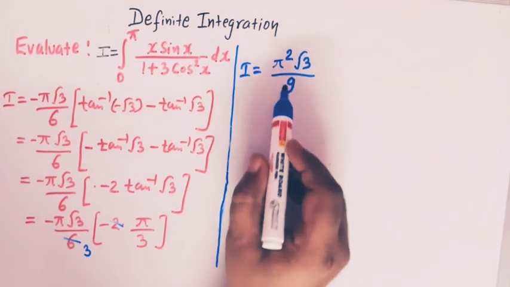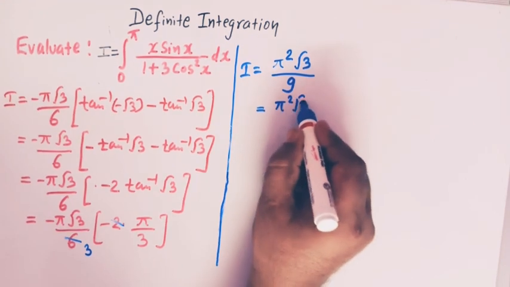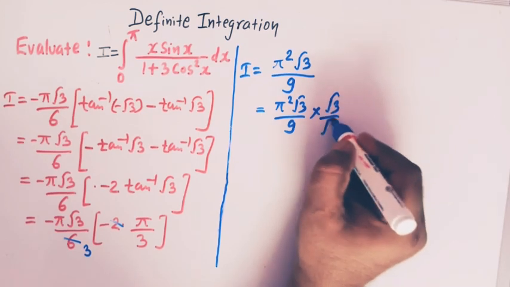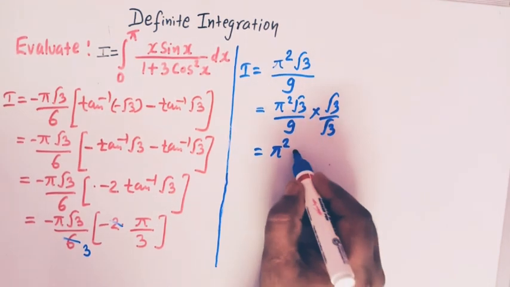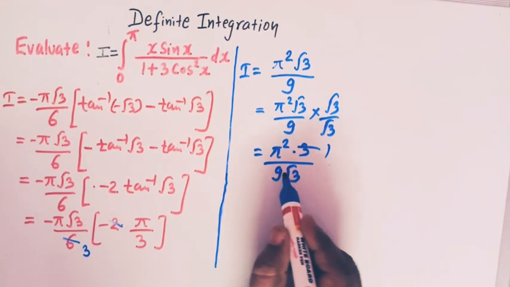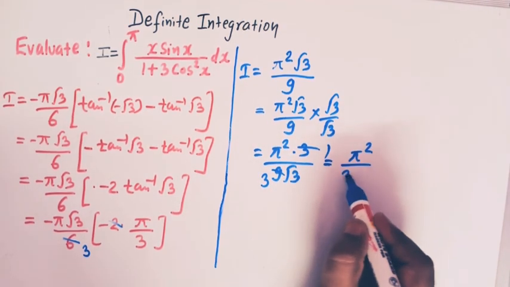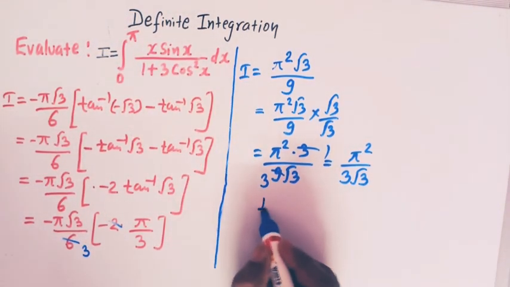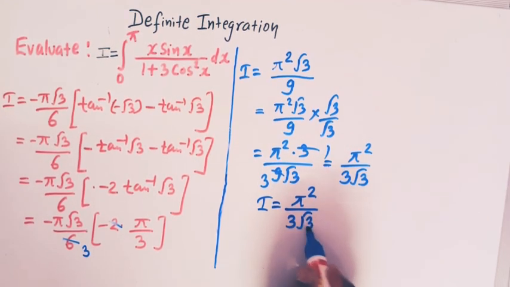So the value of I is equal to pi square root 3 over 9, and we can further write it as, multiplying the numerator and denominator by square root of 3, we have pi square root 3 times root 3 is 3, and here we have 9 root 3, and we can cancel it out like this. 3 3s are 9, so we have pi square over 3 root 3, right? So the value of this integral is equal to pi square over 3 times root 3, right?